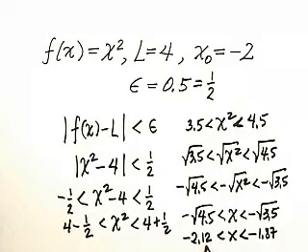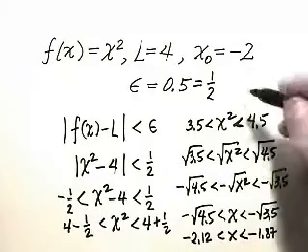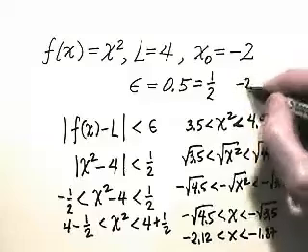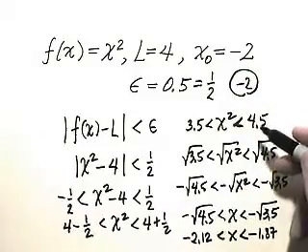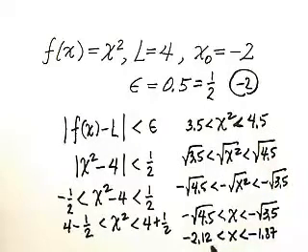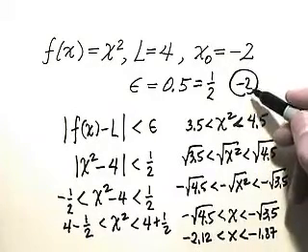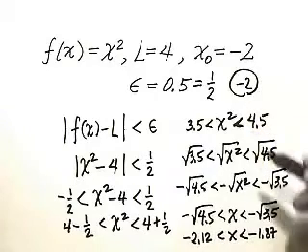If I subtract 0.1 from negative 2, I'll only go back to negative 2.1, which is not this far to the left. And if I add 0.1, I'll go up to negative 1.9, which is not as far to the right as negative 1.87. So in this case, we can see that delta equal 0.1 will actually work for us.